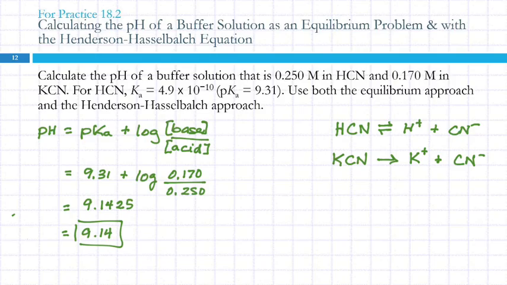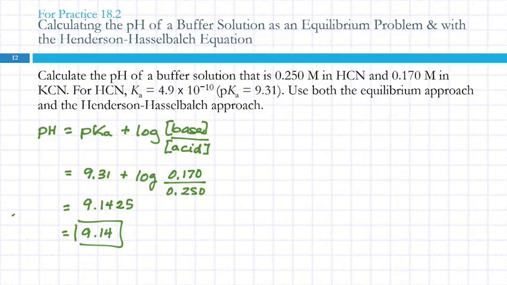Any questions about using the equation? So that was the Henderson-Hasselbalch approach. Now we're going to do the equilibrium approach. The equilibrium approach requires an equilibrium equation and an ice table.